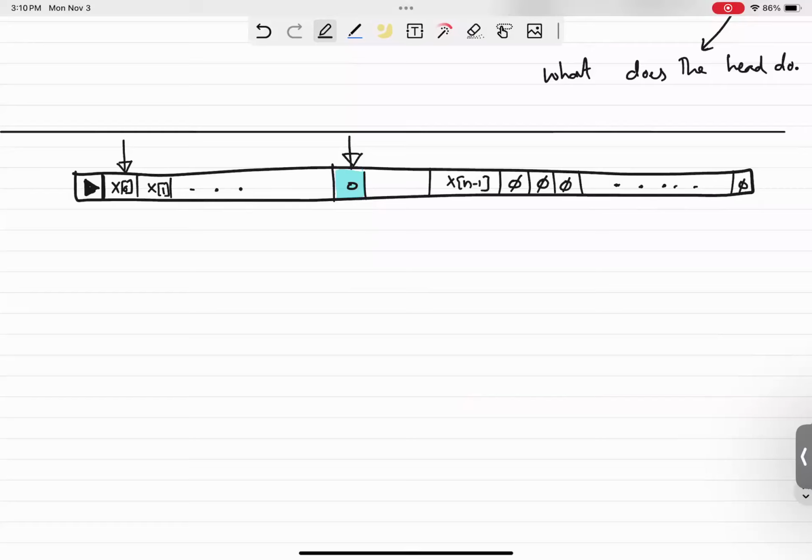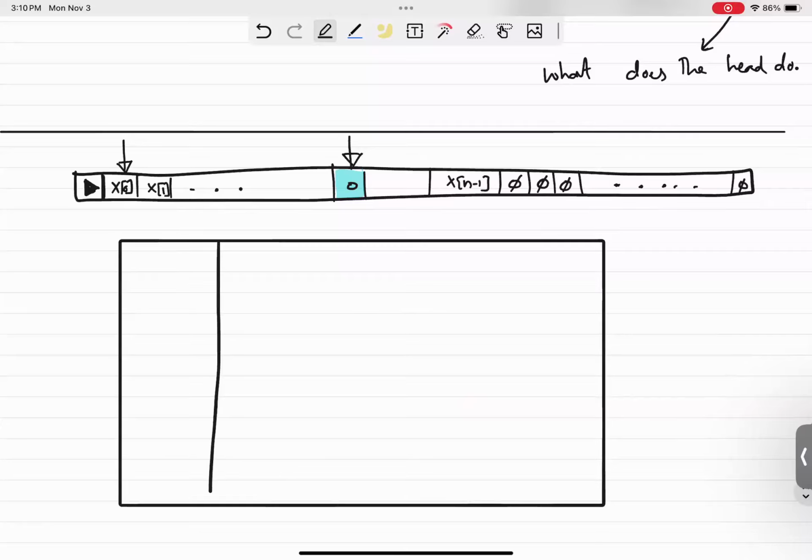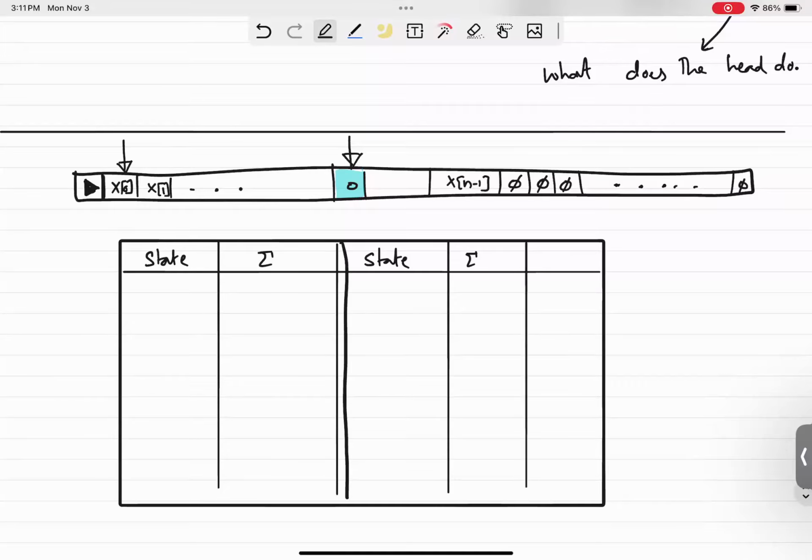So what does the transition function tell you? You can think of it as some giant table. Right, so you have state name, symbol, then state name, symbol, and direction.